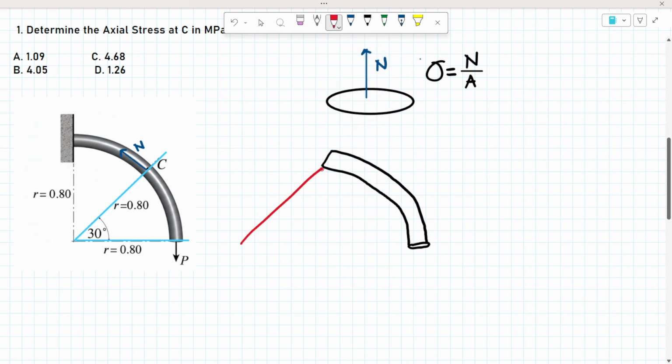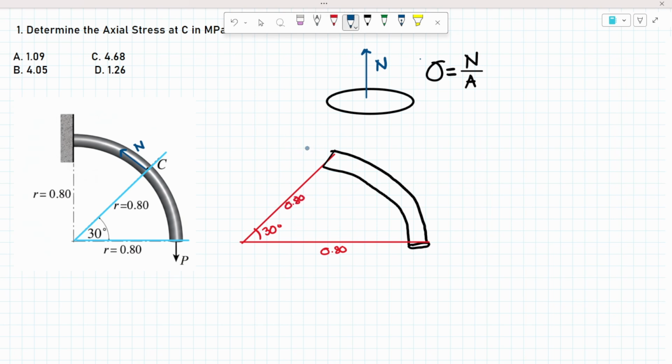And meron tayong 30 degrees na angle dito. This is parallel yung surface ng section C or point C. And this one, this is 30 degrees. Ito is 0.8. This is also 0.8.